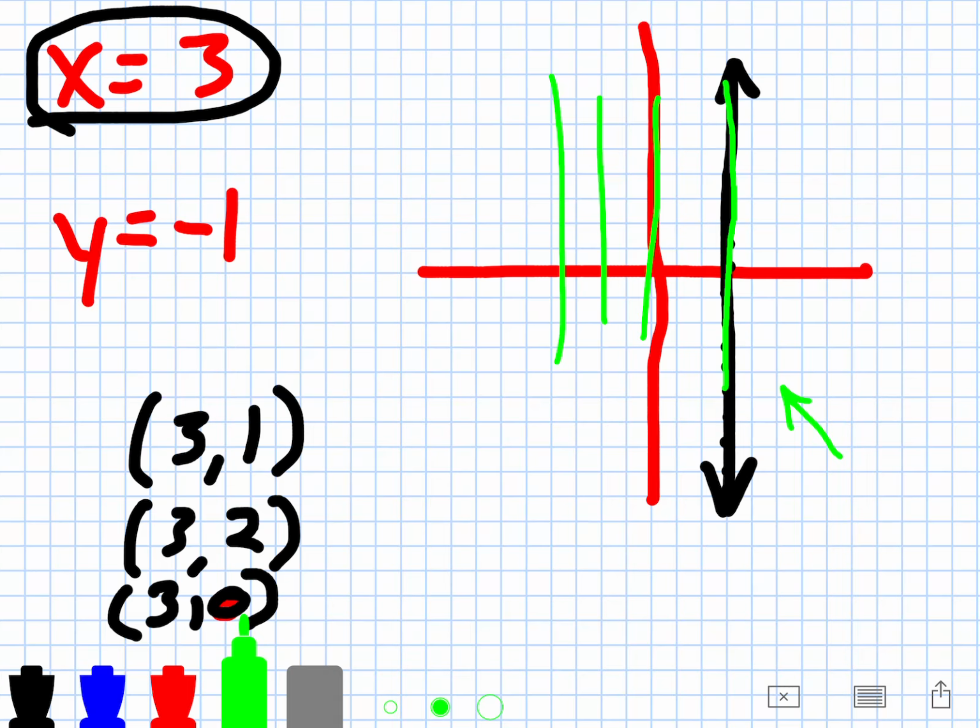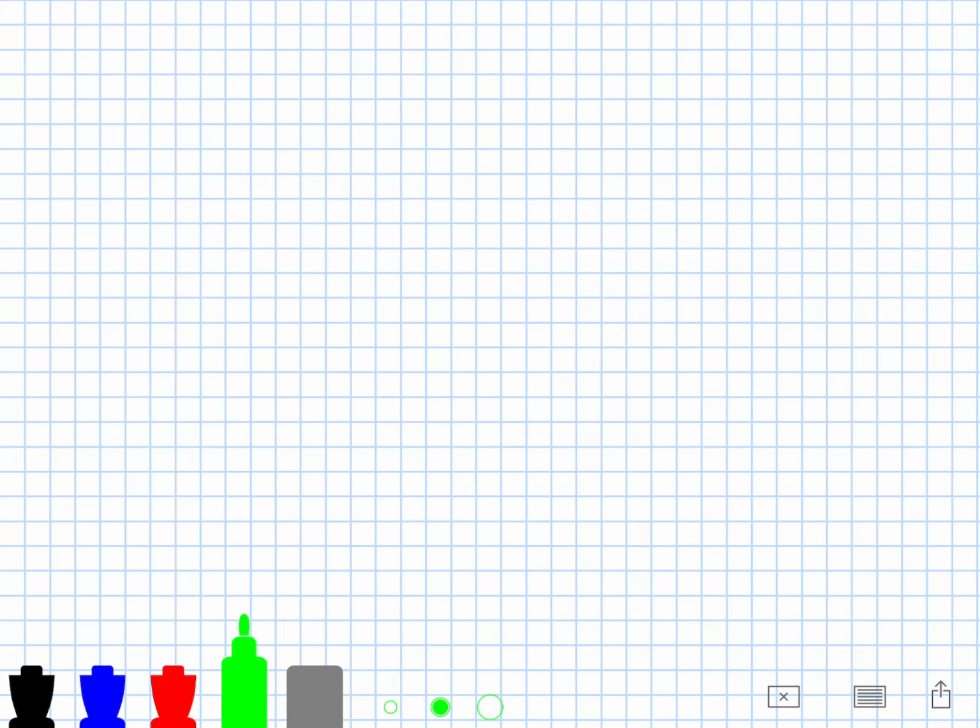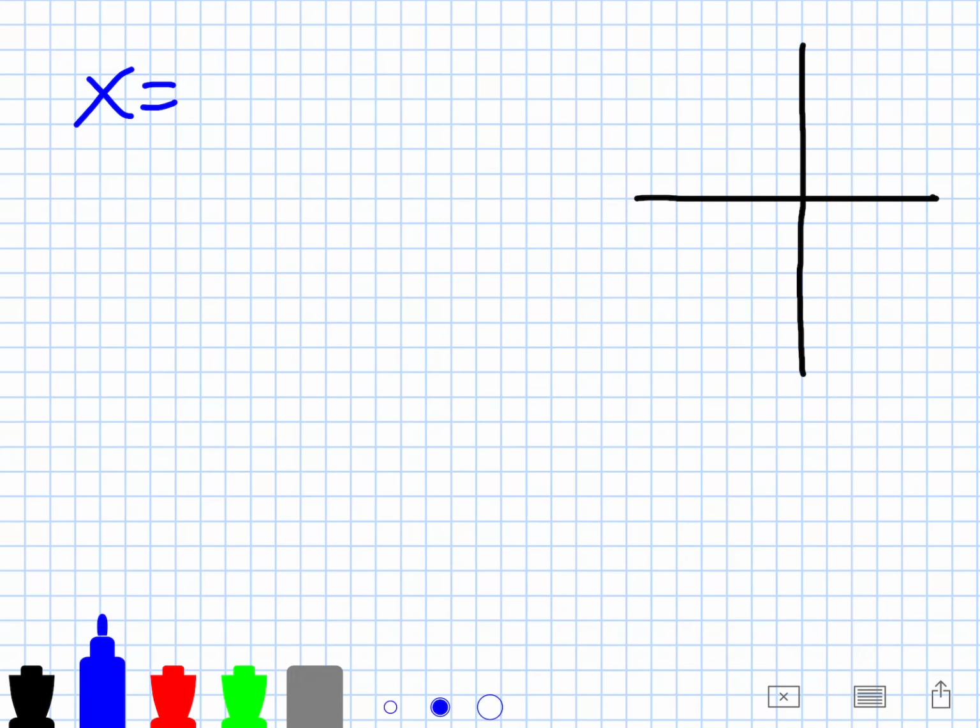Okay, so we've covered x equals 3. Let's do another example real quick. If I have a graph and I want to graph x equals -5, I have to remember that, oh, that's right, this is a special thing. x equals -5 is where all of the x's are -5.